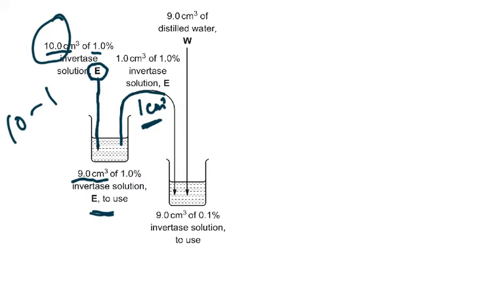So 1 we have taken out, and then we've added 9 cm³ of distilled water. So to the 1 we have added 9 cm³. Now this is a total of 10. Now this whole volume should be 10. But no, it says 9 cm³ of 0.1% to use, because this was 1%, and 1 divided by 10 is 0.1%.